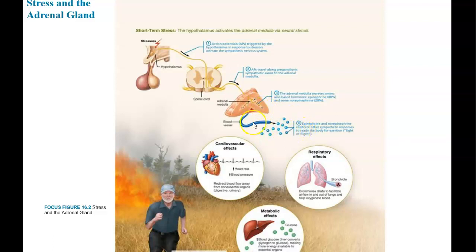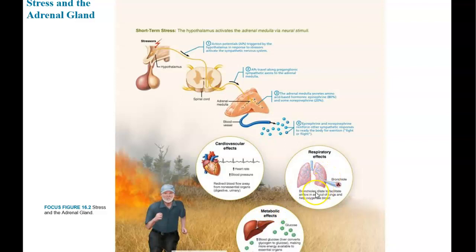And this is going to reinforce other sympathetic responses, and it's going to get the body ready for a fight or flight response. So it's going to cause the heart to increase the heart rate. Blood pressure is also going to go up. The respiratory effects would be the bronchioles are going to dilate so that more airflow could travel through the passages.